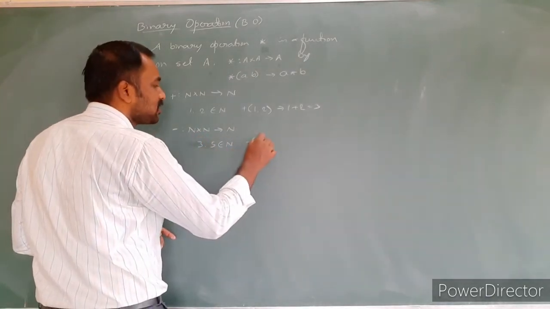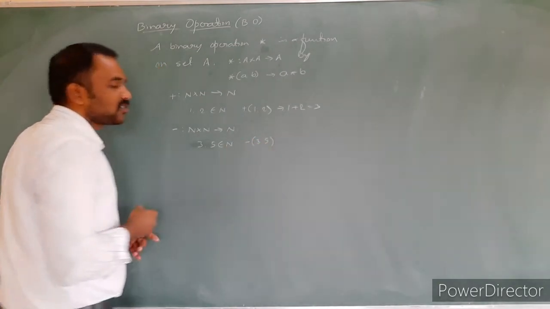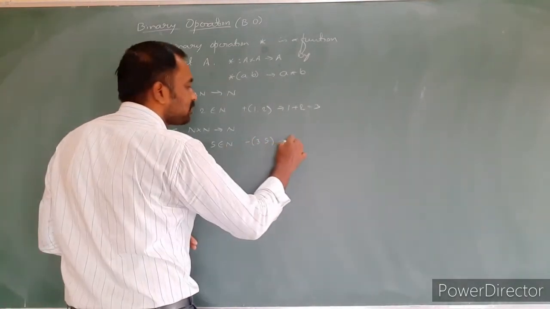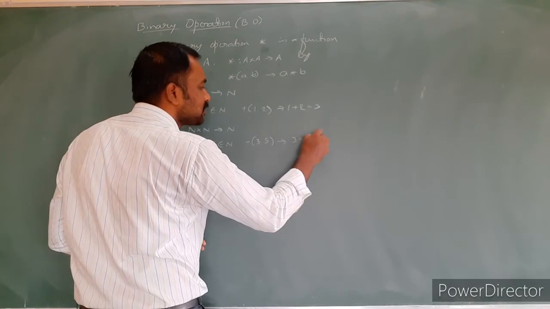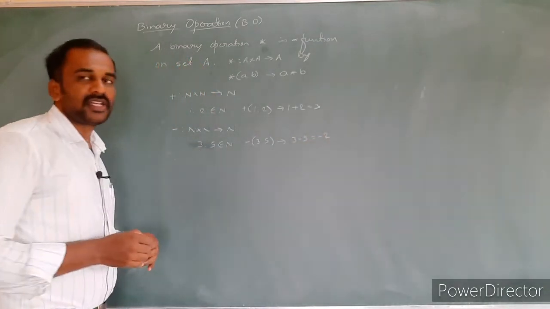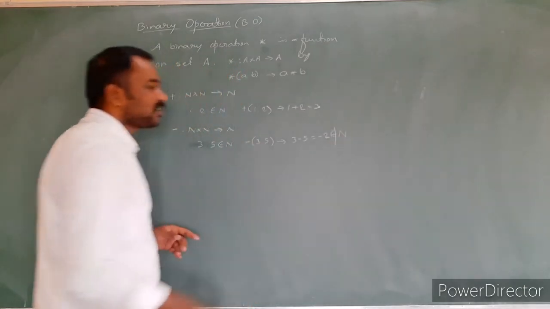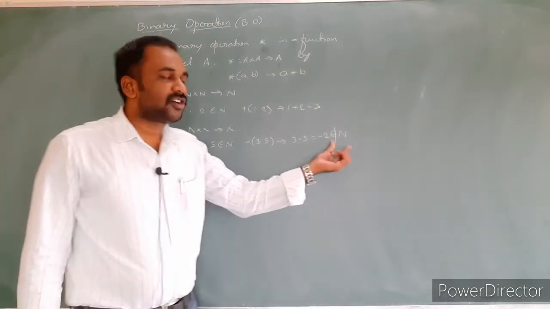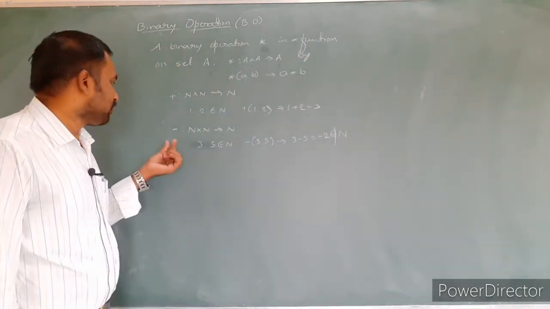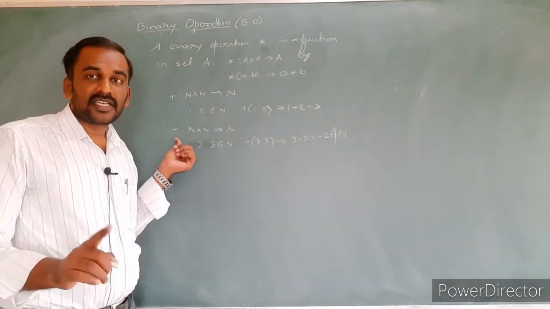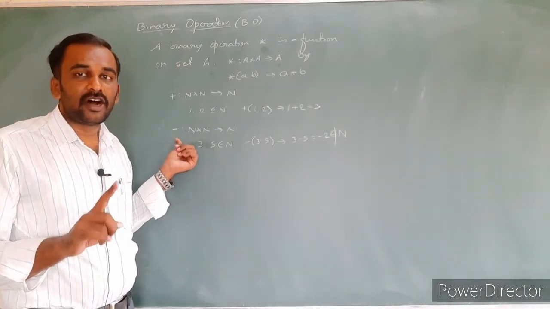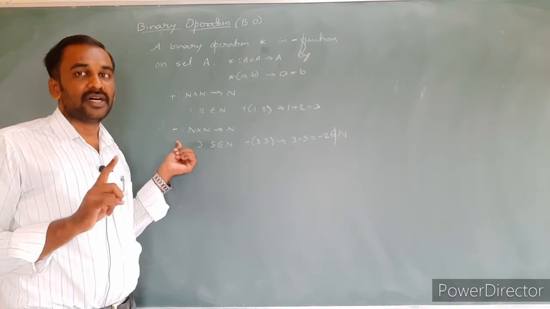If I take subtraction of 3 comma 5, 3 minus 5 is equal to how much? We get minus 2. Is this minus 2 present in the natural number set or not? It is not present in the natural number set. We can say that subtraction is not a binary operation on the set of natural numbers.